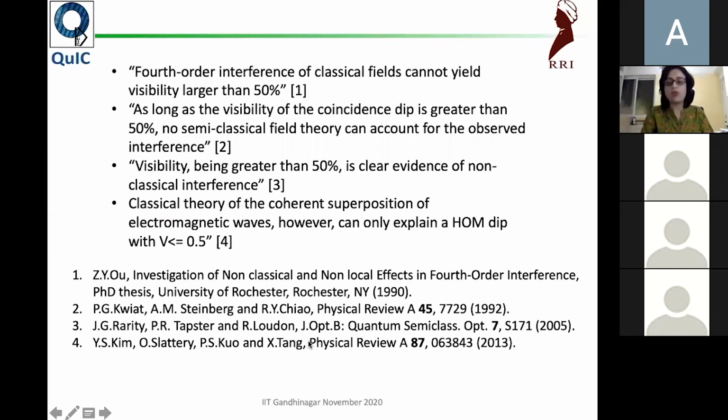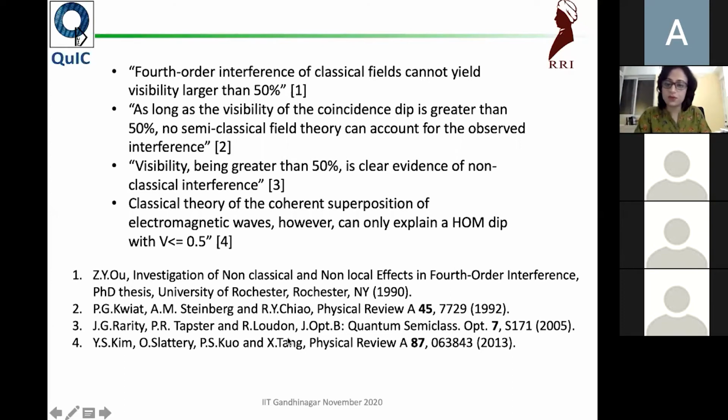Now, what was prevalent in literature till we came up with our understanding are claims like this, okay? And these are claims from very important pieces of work. For instance, Ou's PhD thesis. Ou is the Ou of Hong-Ou-Mandel, right?